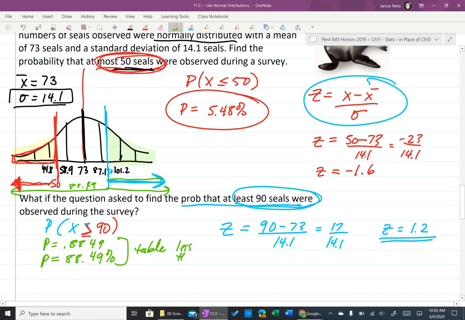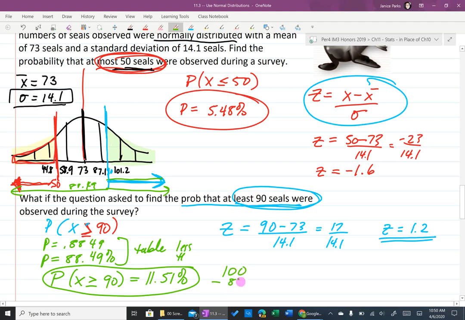So we subtract that from 100. The probability that X is greater than or equal to 90 is going to be 11.51%, which is 100 minus 88.49%. Okay, so it's this part. That's the probability that at least 90 seals were observed during this survey.